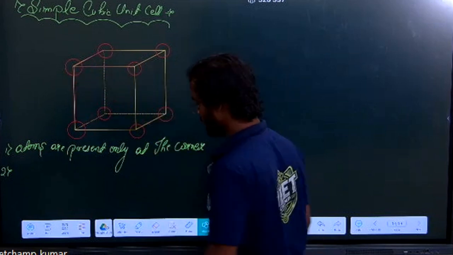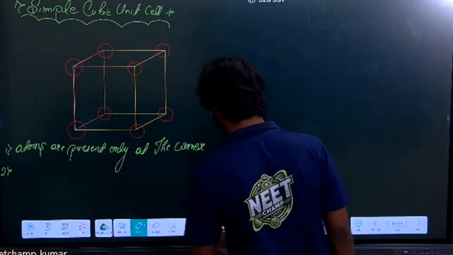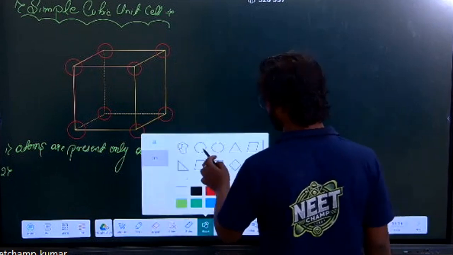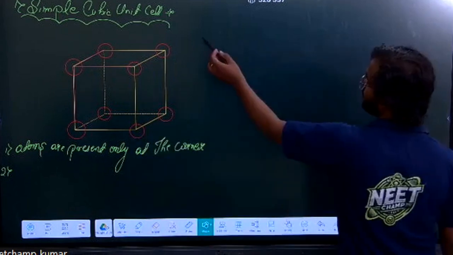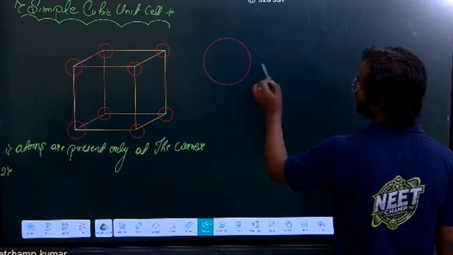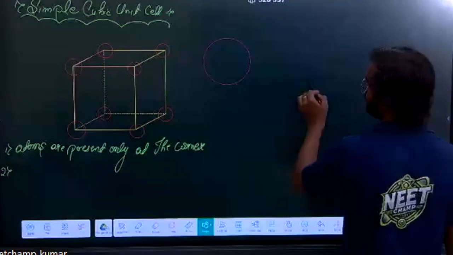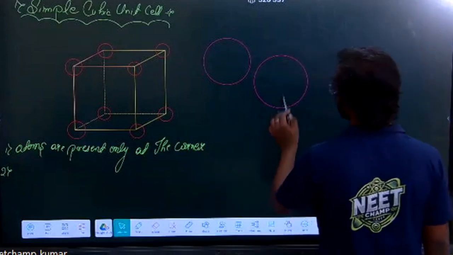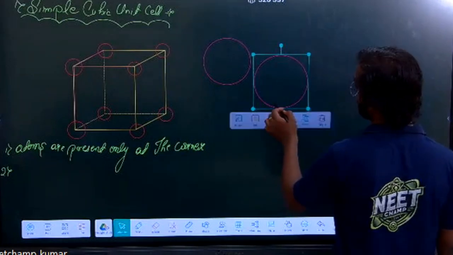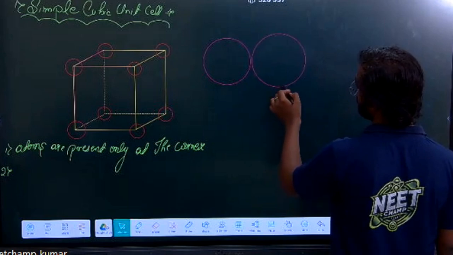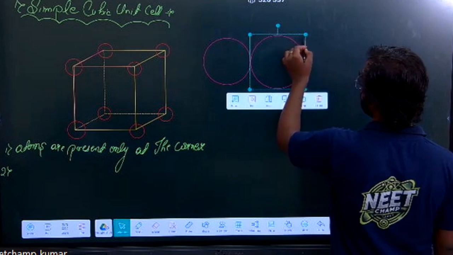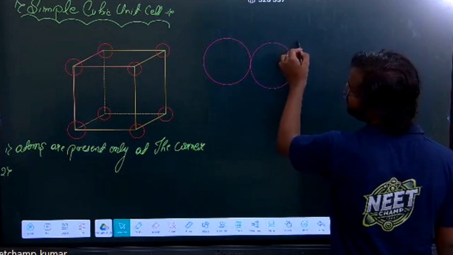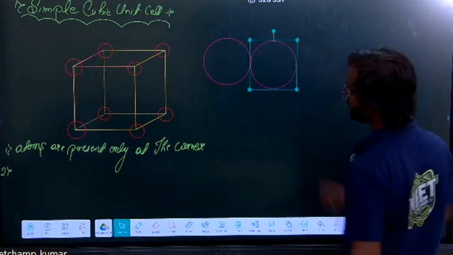Let me draw how this one atom actually looks in a bigger way. Suppose this is one atom, and there will be another atom, and they will be like this.